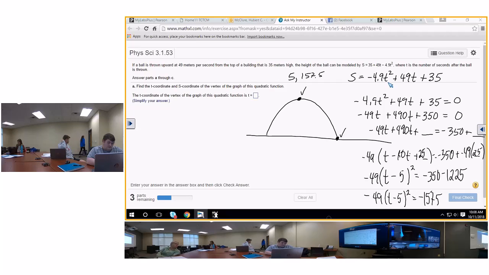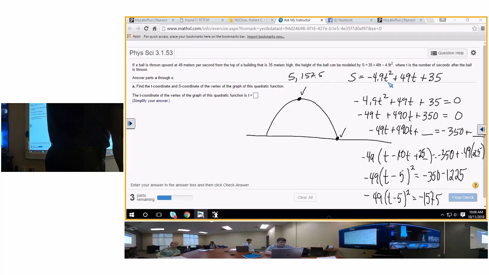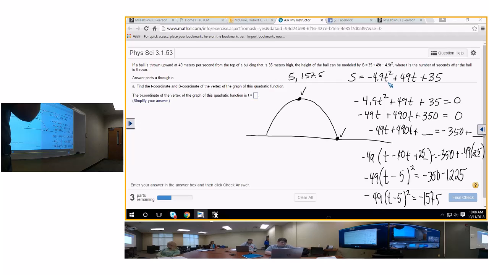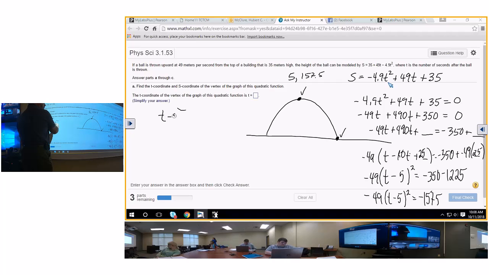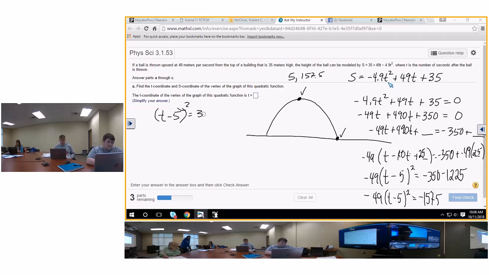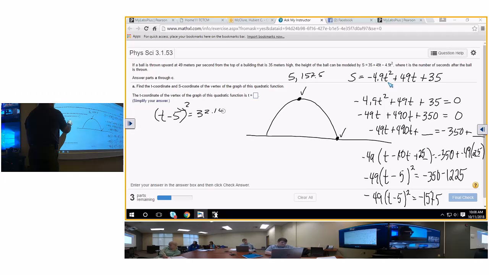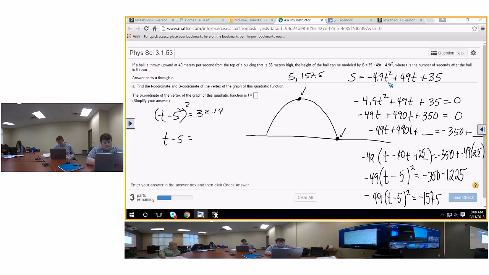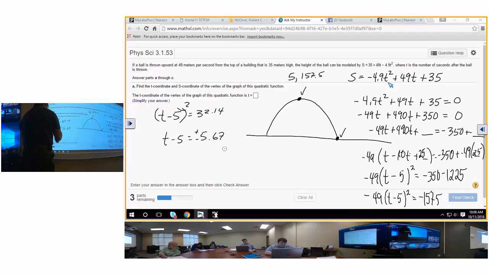Somebody divide negative 1575 divided by negative 49 and tell me what you get. 32.14. And then take the square root of 32.14. 5.67. 5.67 is close enough for government work.